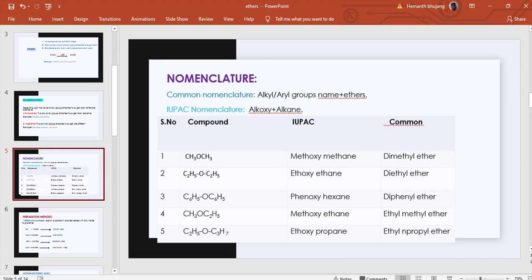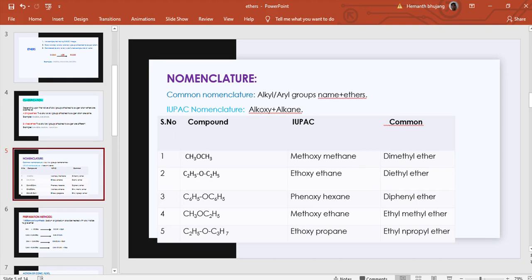So we can write the IUPAC name of this one as methoxymethane, because the general method is alkoxy-alkane. Why have I written methane? Because there is no double bond here; only a single bond is present. So this is nothing but methoxymethane.